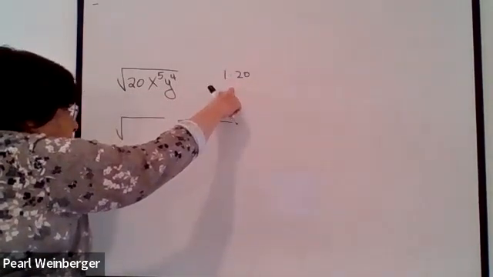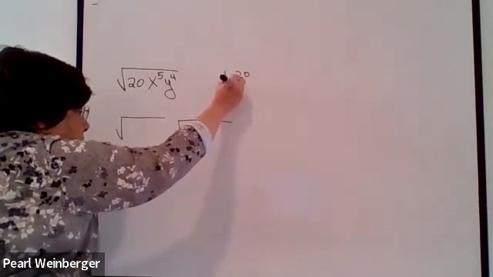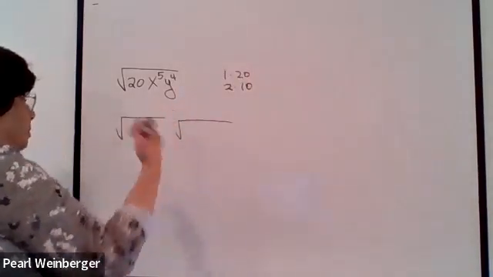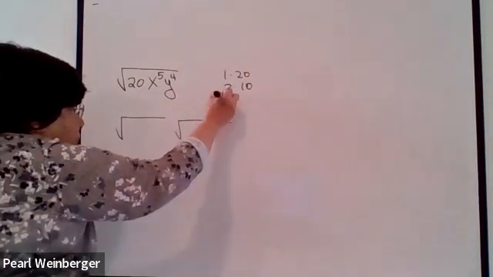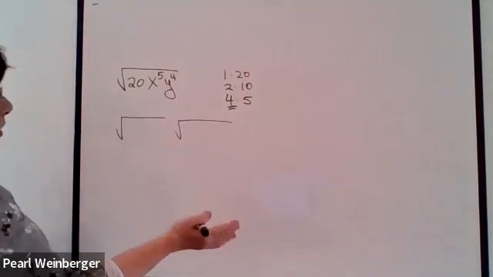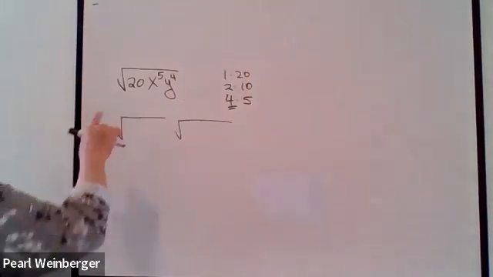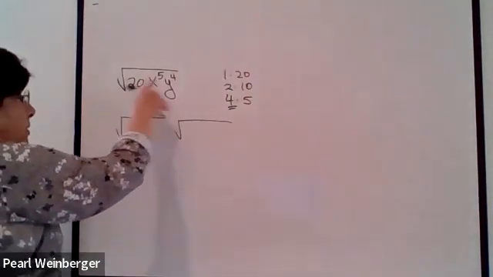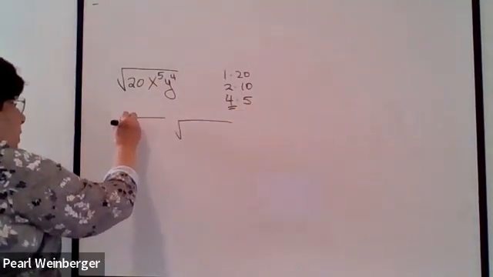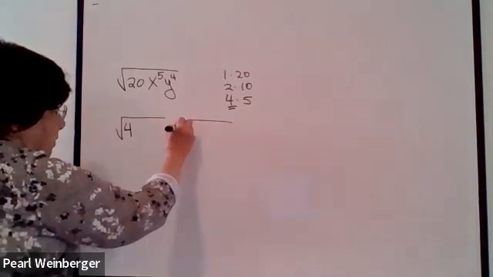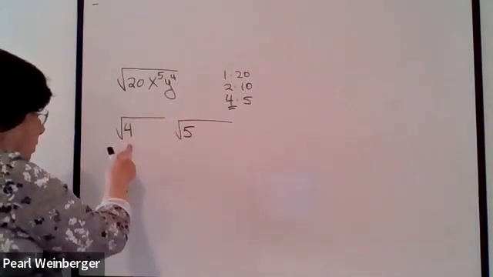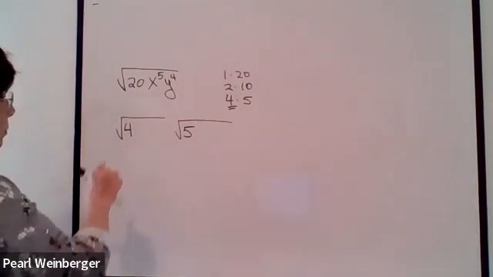Neither of those is a perfect square. 2 times 10, neither is a perfect square. 3 doesn't work. 4 times 5, that works. I don't think there are any other choices. So I'm going to break up this 20 into 4 times 5. I'm going to put the 4 in the first radical and the 5 in the second radical, because the perfect squares go in the first radical.